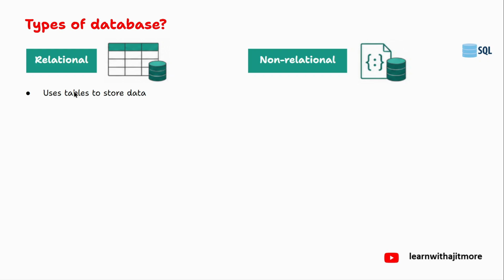Okay. So it uses tables to store data. Correct? Whatever data you have to store, everything is kept in the form of tables. Here, everything is kept in the form of documents, and every document is a key value pair. I don't know whether you have used it or not. Now, it depends.